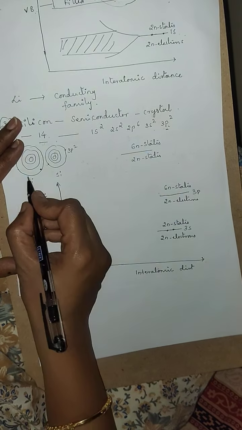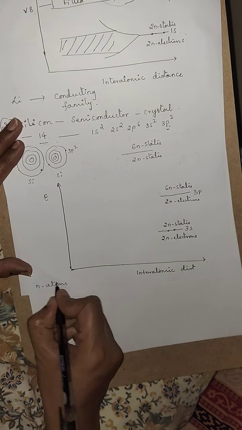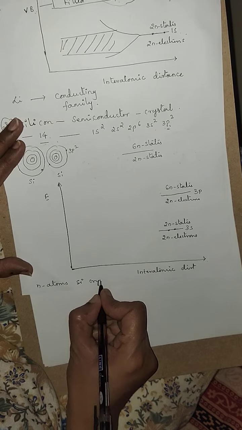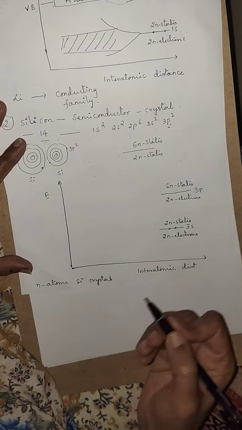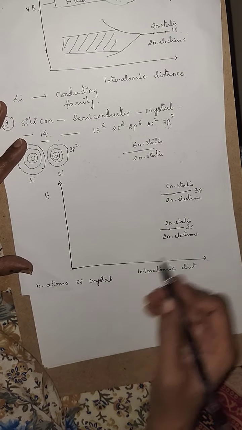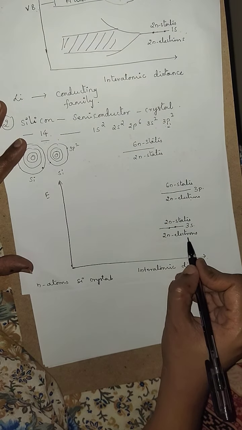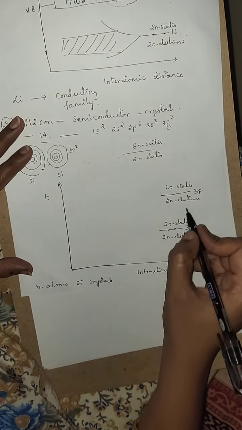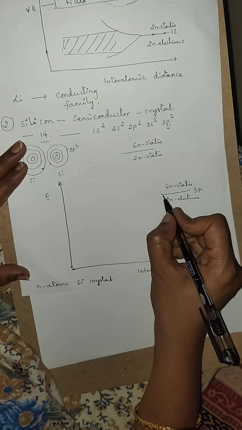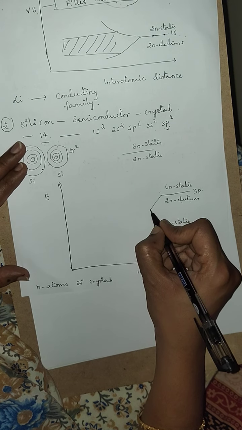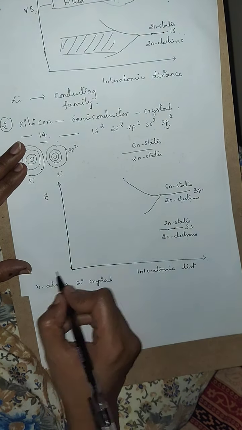Now what happens when the atoms are brought closer? If I take the case of n number of atoms of a silicon crystal, as the crystal formation of the silicon takes place, n number of atoms are going to interact. When the n number of atoms interact, in the 3p level only 2n electrons will be filled, and in the 3s level 2n electrons will be filled. Now when the atoms start interacting, some of the electrons will reduce their energy, and some of the electrons will increase their energy.